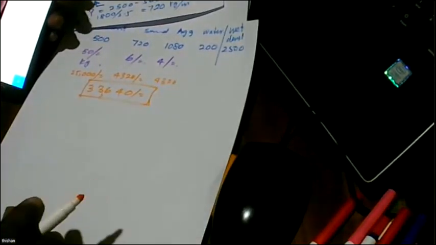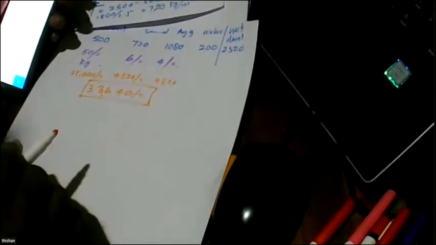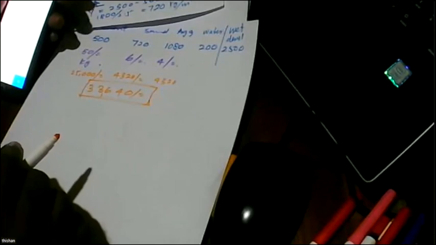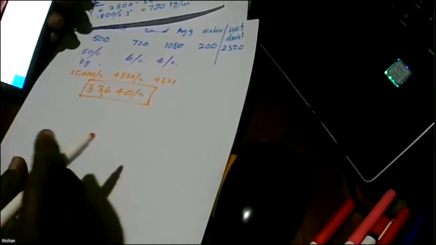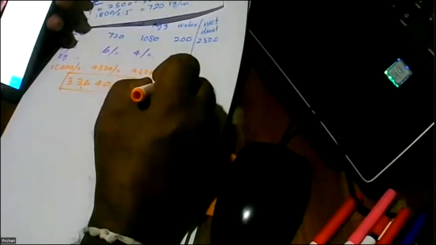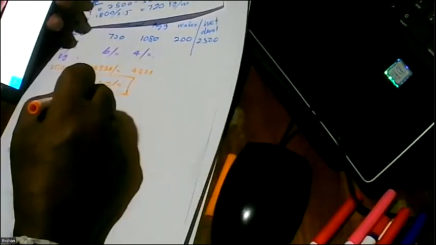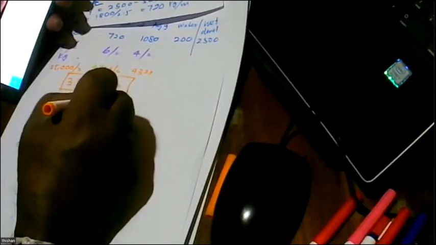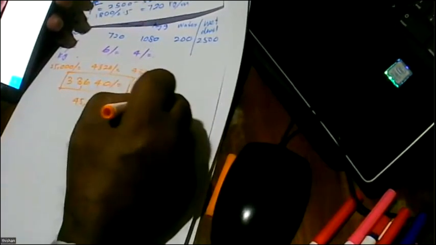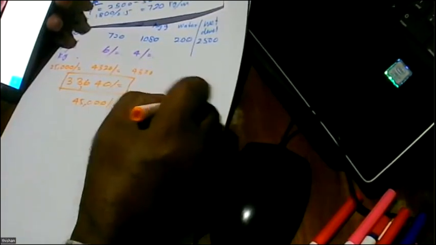So now we can see, when you add the labor cost and all those things, we may be heading for something like 45,000 to 50,000 rupees per meter cube.